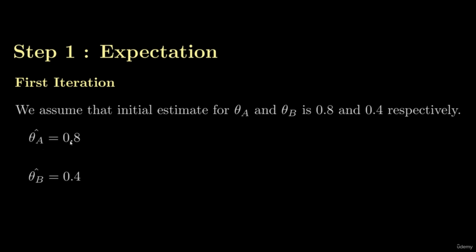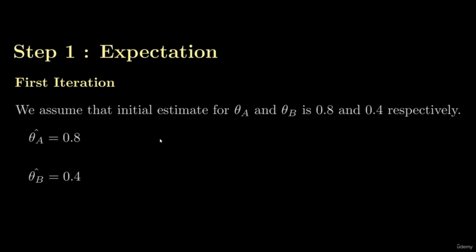So we suppose that theta A hat is equal to 0.8. This is the estimated value, that is why it is denoted by a hat. And theta B hat is equal to 0.4. So we estimate that the probability of getting tail with coin A is 0.8, and we assume that the probability of getting tail with the second coin, which is B, is 0.4.